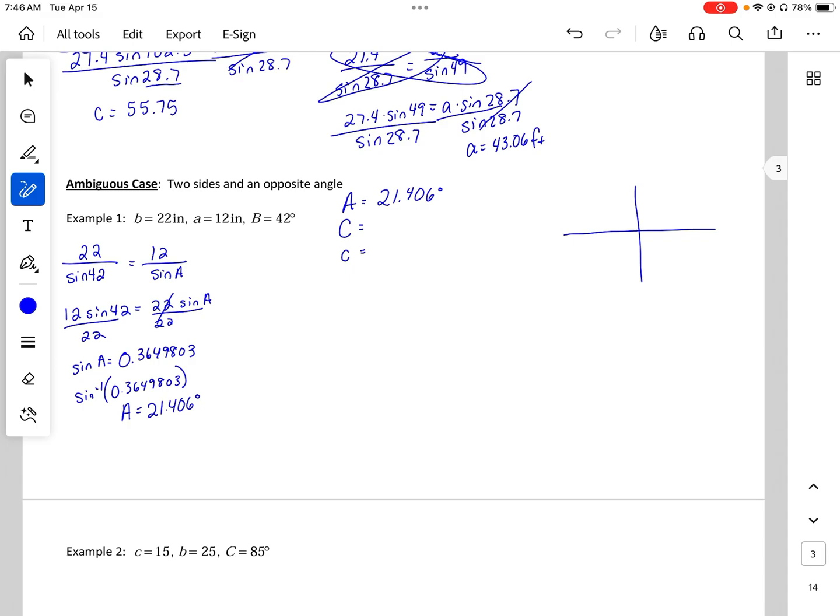Now we need to think about our unit circle and what sine is. If we have the angle 21.406, it's an acute angle, so it looks like that, and the sine is the Y value.